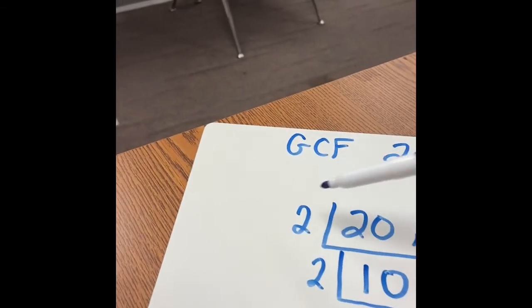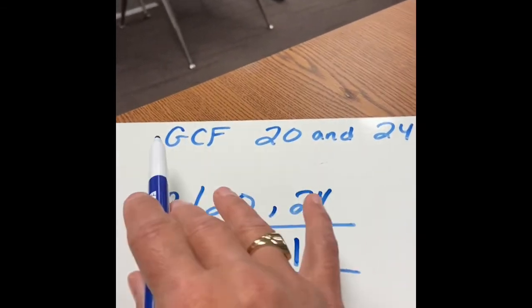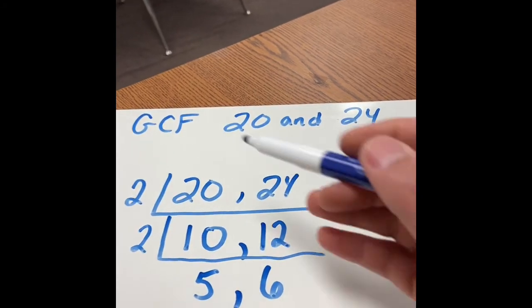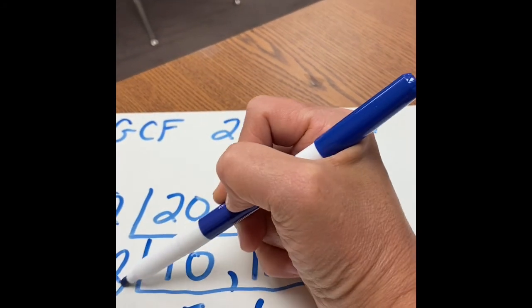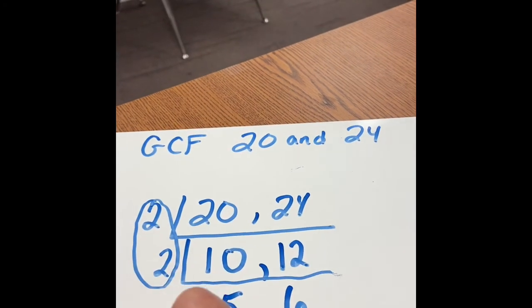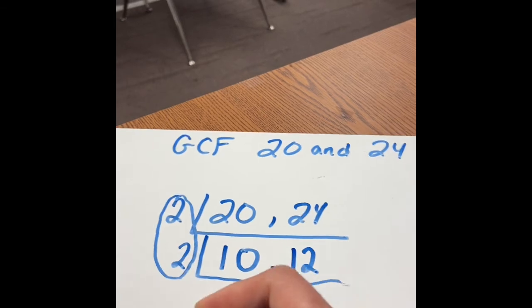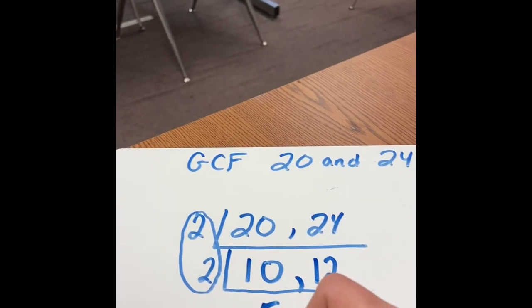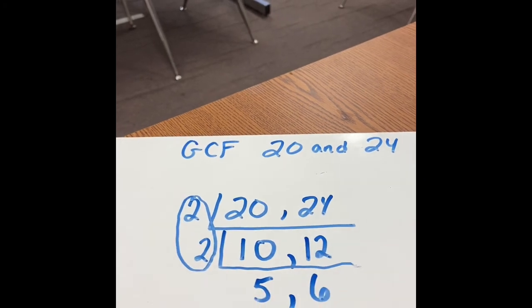So let's look. To find the answer to the problem up here, the GCF of 20 and 24, you multiply the numbers to the side. So 2 times 2 equals 4. So there we are again with the 4.